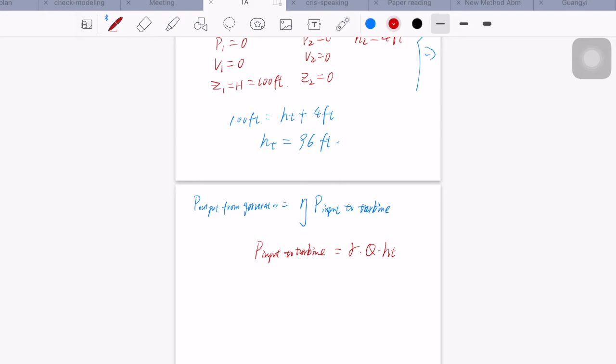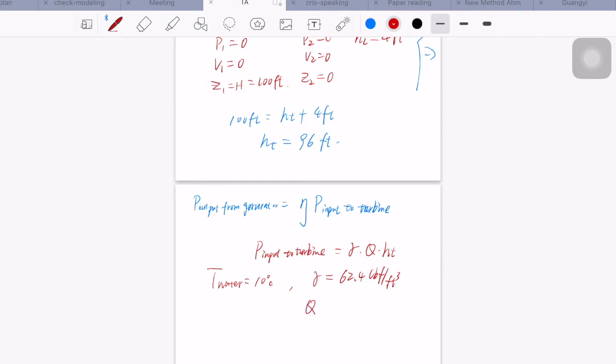And since this problem didn't give us the water temperature, we assume that the water temperature is 10 degrees Celsius, so we can get that gamma should be equal to 62.4 pounds force per cubic foot.